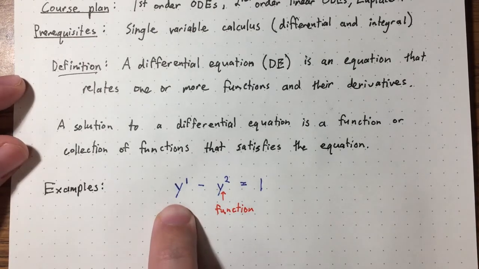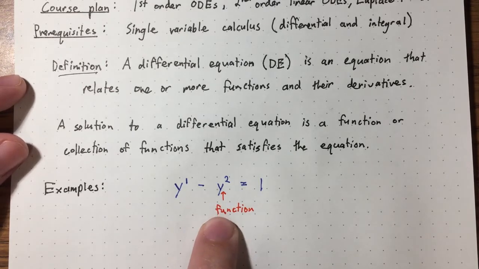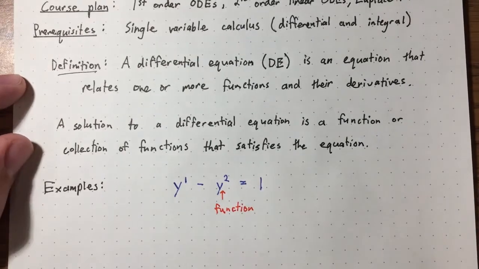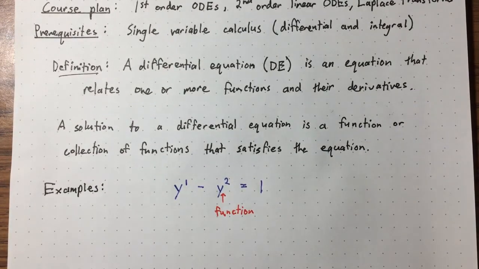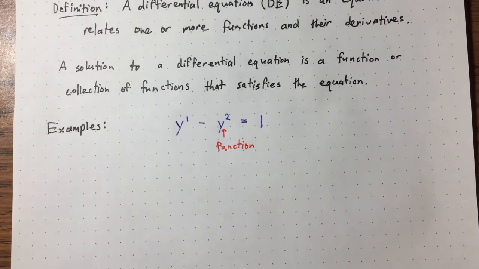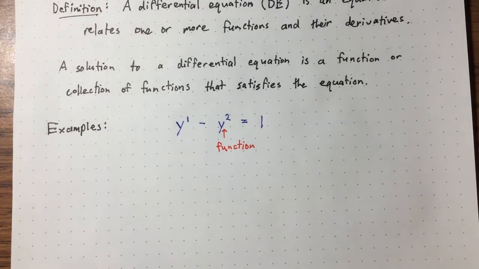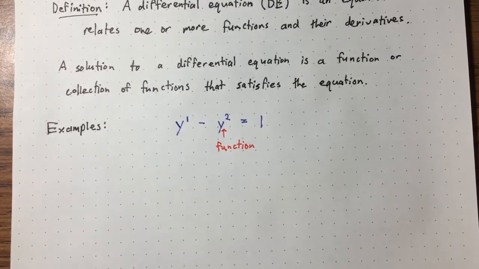This one is saying if you take the derivative of a function and you subtract the square of that function, then you get the constant function 1. Okay, so that's the differential equation, and we're solving for the function y that satisfies this relationship. If you'd like, you can try to think about what this function is. If you'd like a hint, you should think about trigonometric functions that might satisfy this. And we'll talk soon enough about how to solve this methodically. But that's an example of a differential equation.